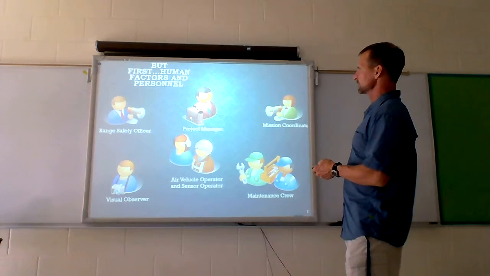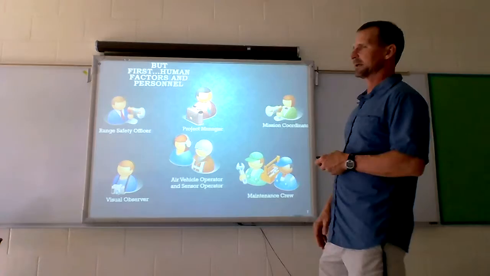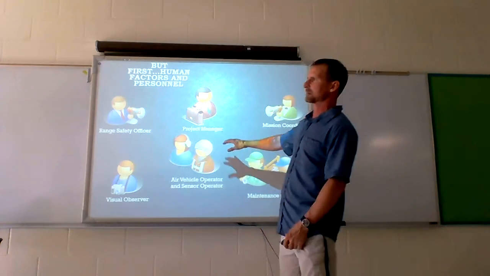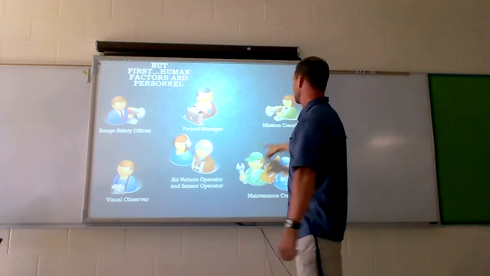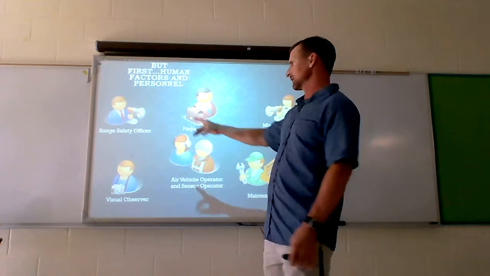For example, here are some of the possible positions you could have in a typical unmanned aircraft system operation. This would be related to perhaps an operation system that is either in development, because you've got a project manager, a mission coordinator, and range safety officer.